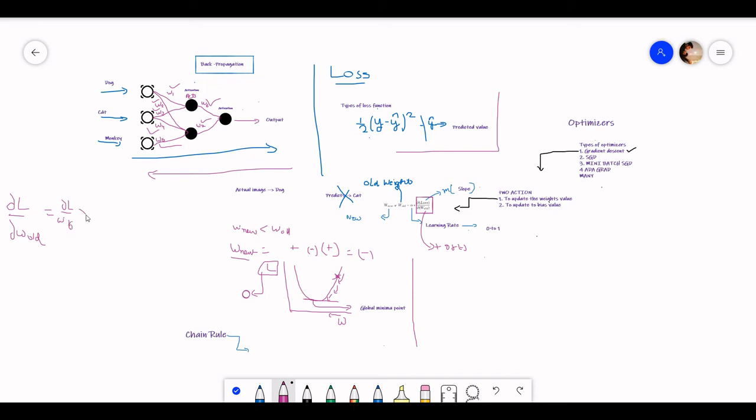And can we say that our W6 already depends on W1? So it will depend on the derivative of W1. So it is our first part.